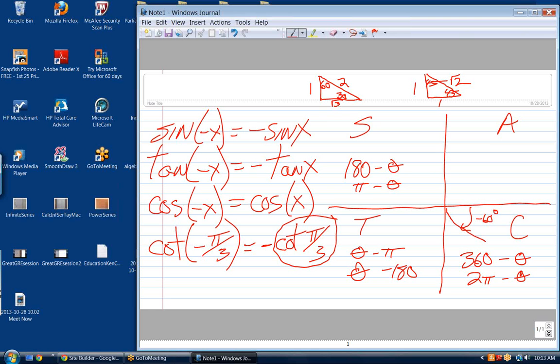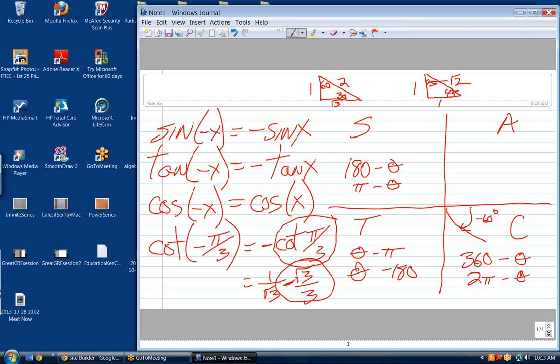What's the cotangent of 60 degrees if we look at this triangle right here? Maybe 3 over 1? No, that'd be tan. Remember, 60 is opposite over adjacent. So cotangent is the reciprocal, 1 over root 3, which rationalizes to root 3 over 3. And the negative sign is right there. So there's our answer.